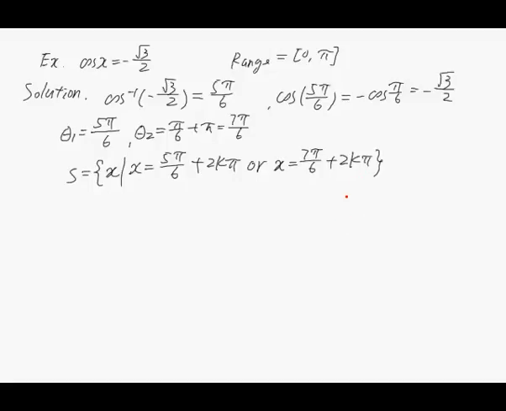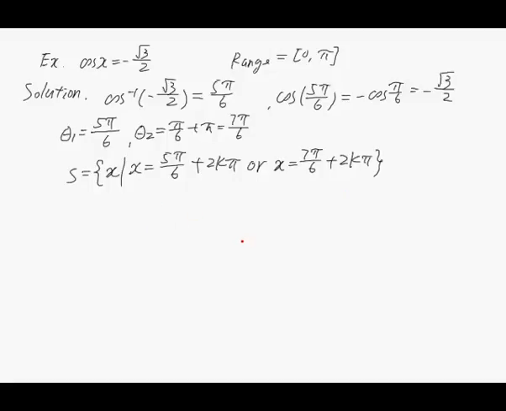And from these several examples, you can see it's very useful to sketch the specific solutions in the unit circle, right? And then it helps you to figure out other specific solutions.